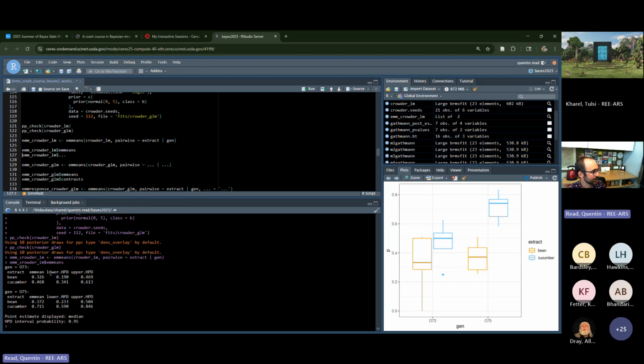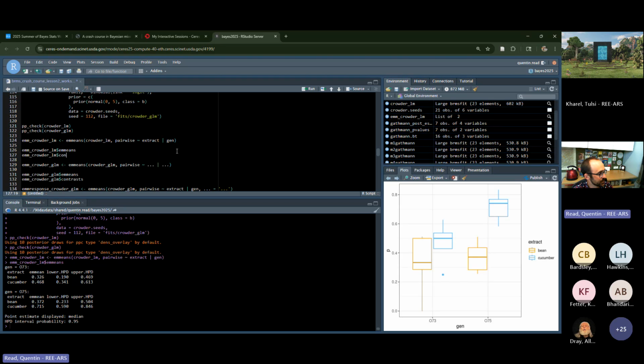And here they are. So it says, okay, for genotype 73, the predicted mean is 0.32 versus 0.46. Here, the lower and upper are pretty close to the data. This is around 0.3, and there's around 0.46 there. So that's that. And this is the one for the other genotype. There's a bigger difference, as we see in the data.